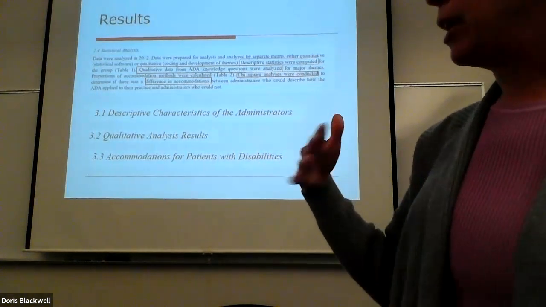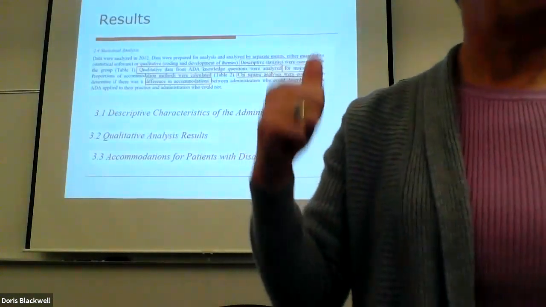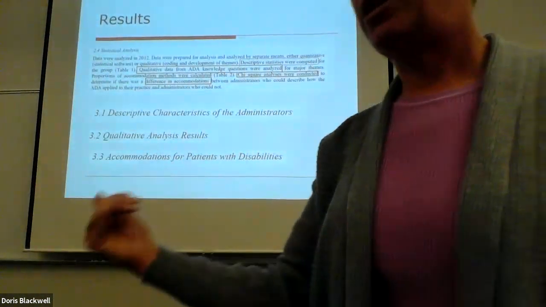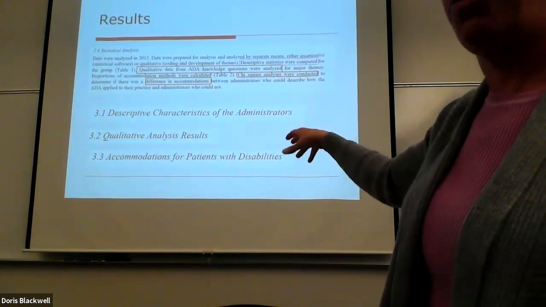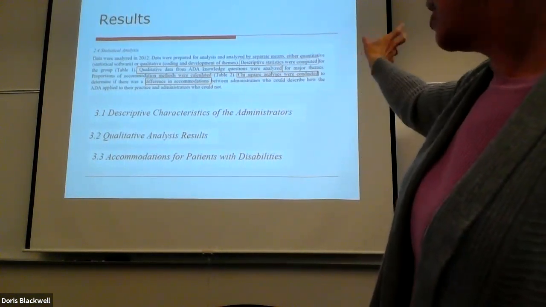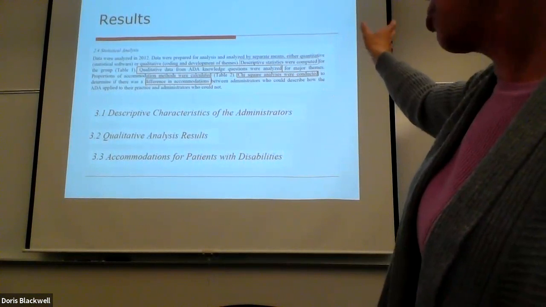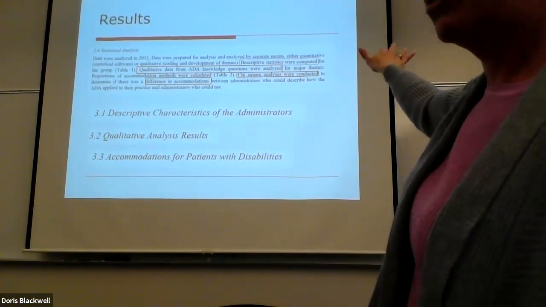A lot of times if we think about how we wrote our methods section, first we told the reader we did descriptive characteristics of the sample, then we did this analysis and this analysis. So our subsections in our results section could follow exactly what we told them we were doing in our methods. In this paper, first we said the descriptive statistics are computed. So the very first subheading under results is the descriptive characteristics of the administrators.